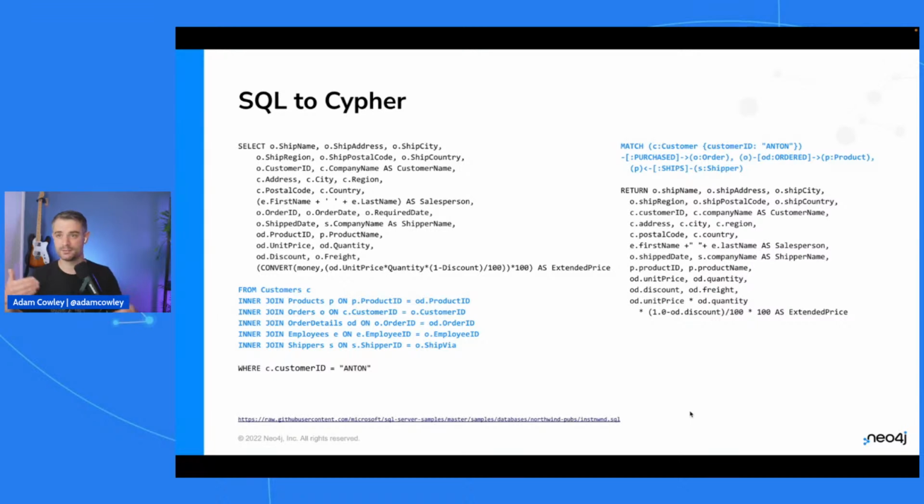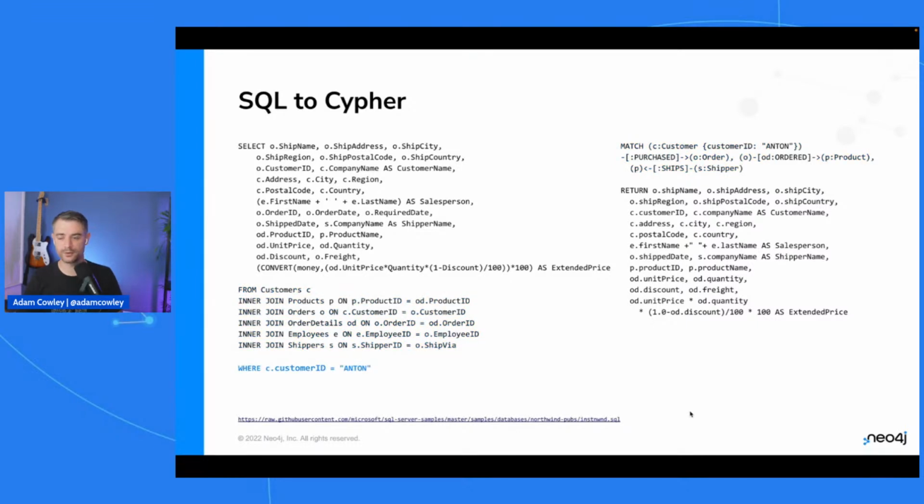Instead of typing out stuff, which is laborious, we don't have to type inner joins. We don't have to define the foreign keys that we're connecting on, because that's already baked into the database itself.